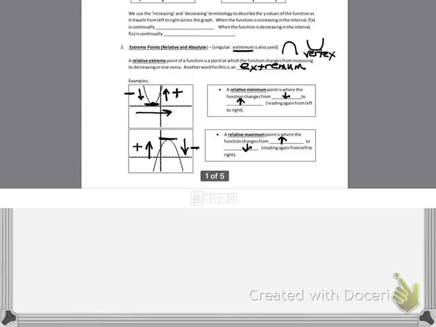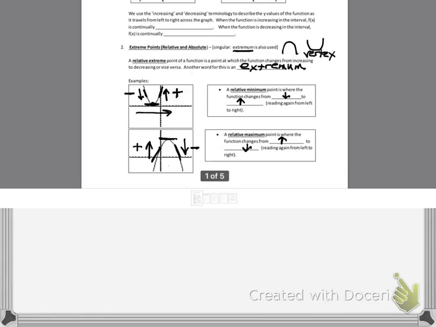So you can see this if you just draw, for example, on this function. If you were to draw a tangent line, you'll see the slope is positive. A tangent line here is negative. On the top, tangent line here will be negative, here will be positive. So you can either speak about it in terms of what is the slope, or whether the function is increasing and decreasing.